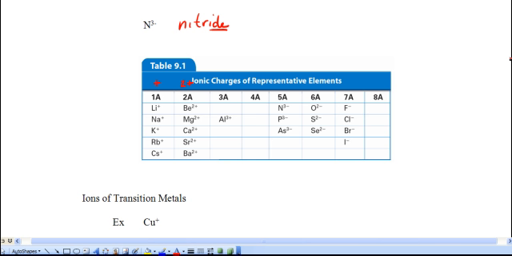Skipping over the transition metals, which we'll talk about next, aluminum has a 3+ charge. When you get to the fourth column over, not counting the transition metals, you would predict a 4+ charge. They do a lot of different things here. However, you do have tin and lead, and those both can form 4+, although they will also form some others.